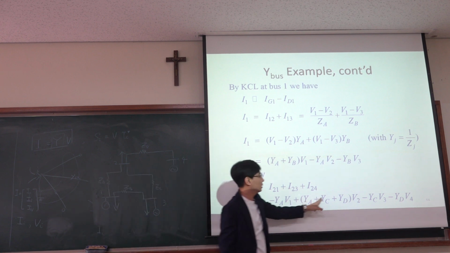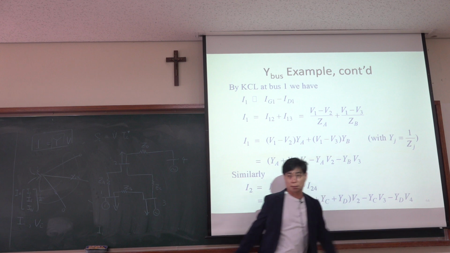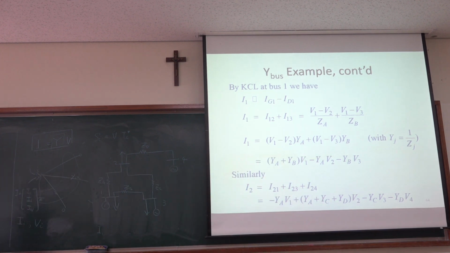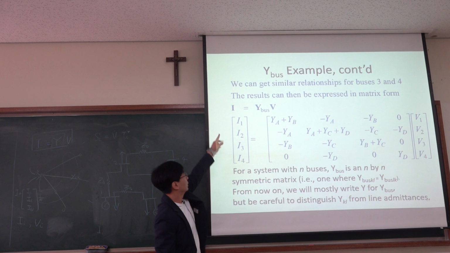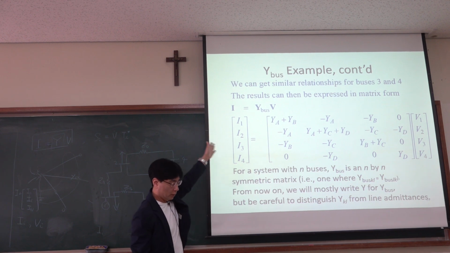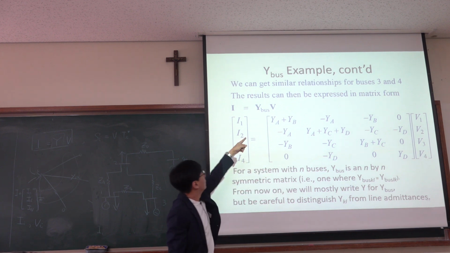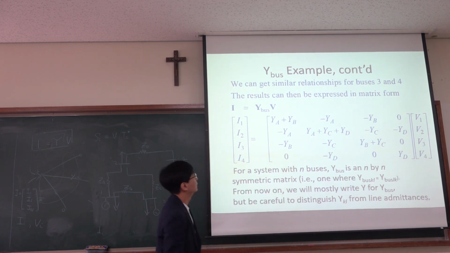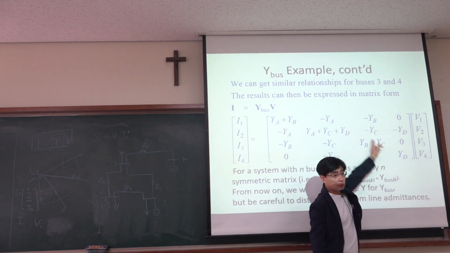All the off diagonal parts minus, minus, minus. So in this example, the injected current vector and the bus voltage V, and then the bus admittance matrix looks like this. So you see this diagonal term and off diagonal term.